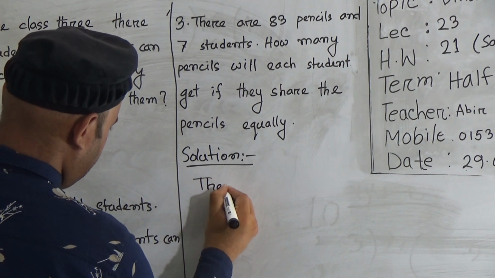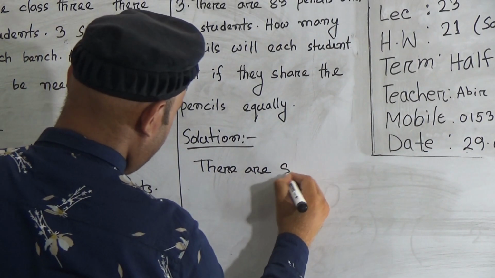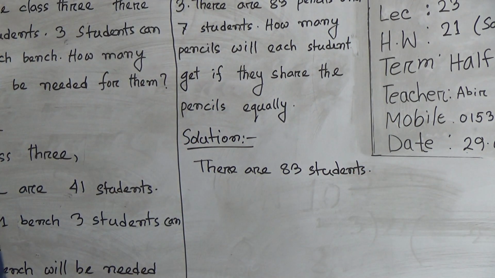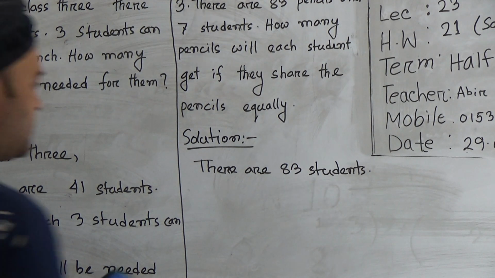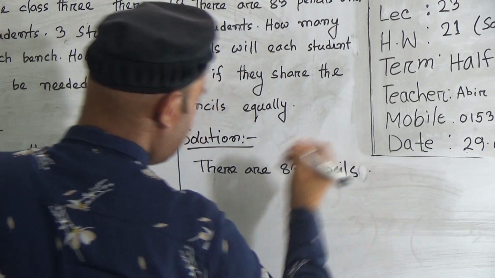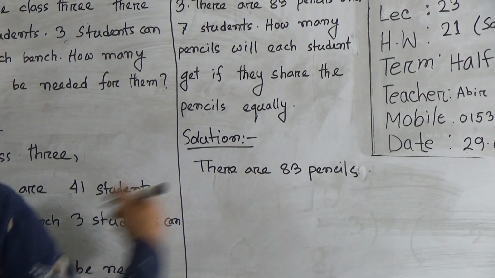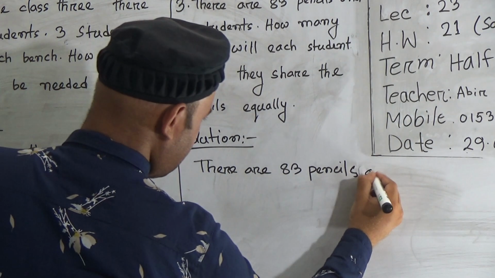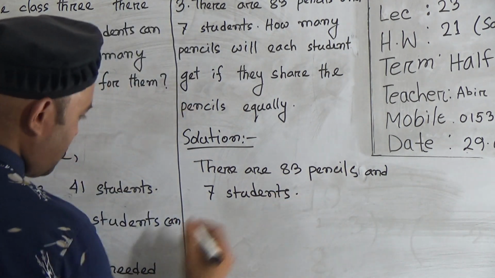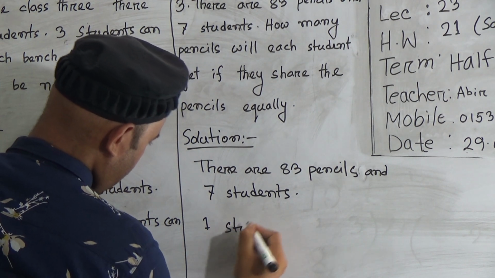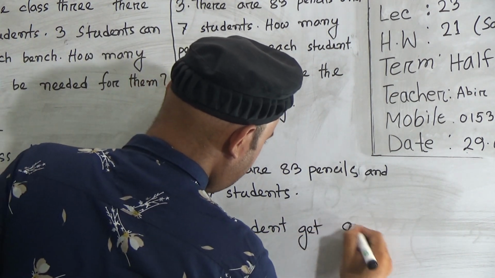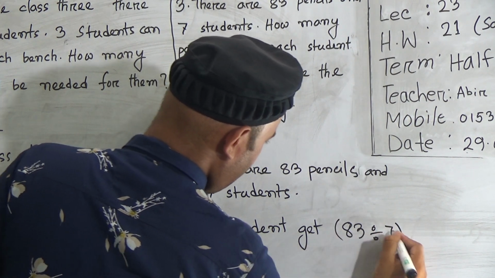There are 83 pencils, and we have to divide these pencils among 7 students. One student gets 83 divide 7 pencils.